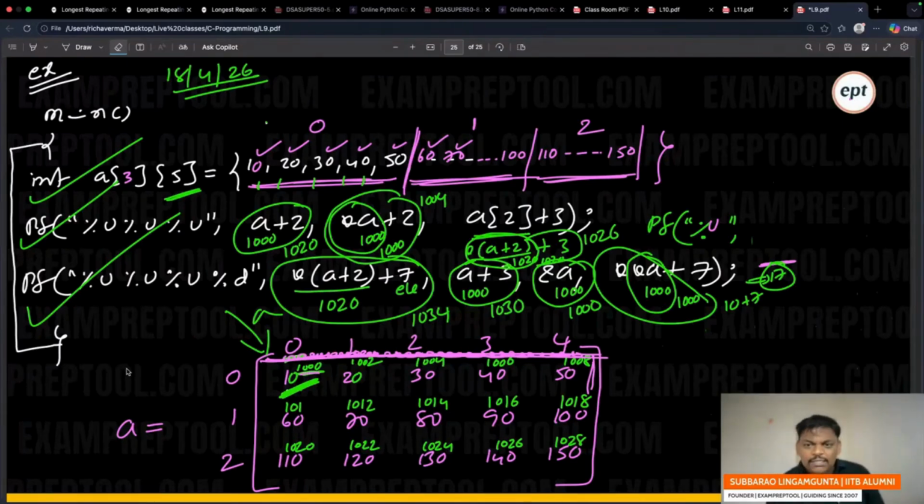Even if the address is not in the matrix, still we will print. What does it mean?